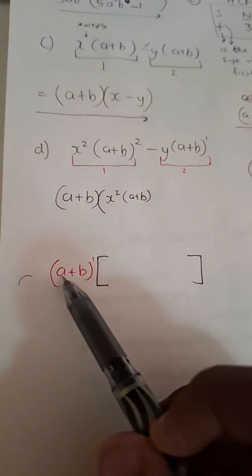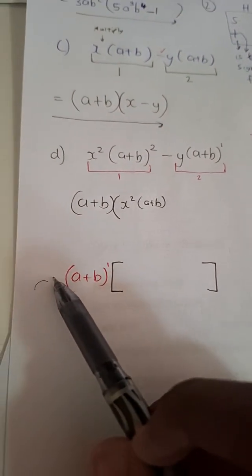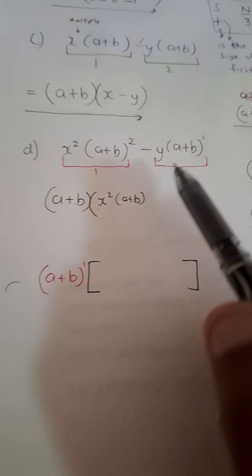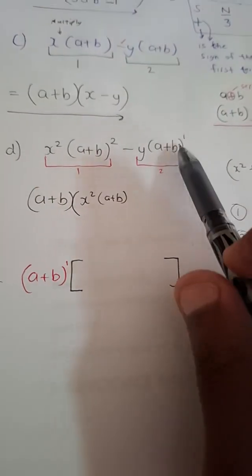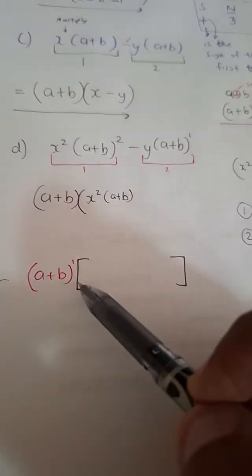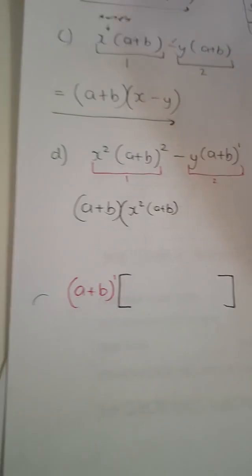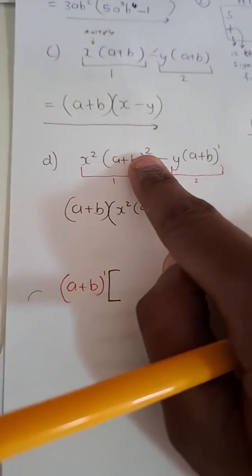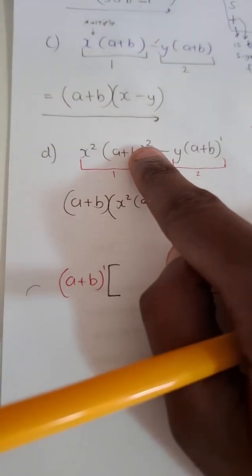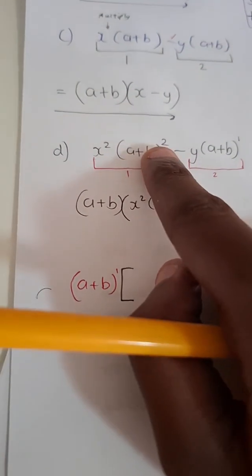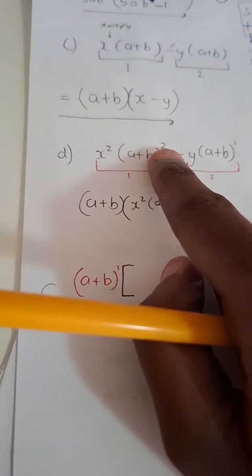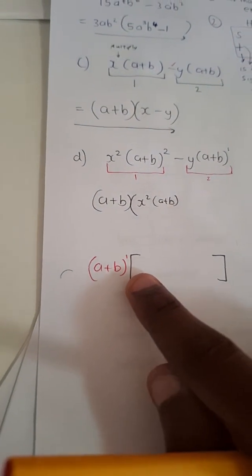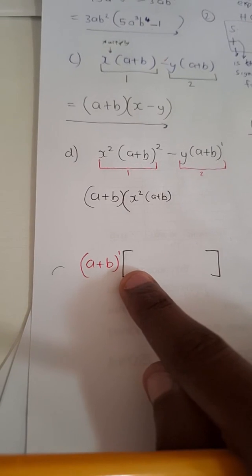After taking out the highest common factor, remember it's positive, it's a plus b to the power 1, because we take out the common bracket with the lowest exponent, what is left over on the left? Remember we took out 1 a plus b. How many do we need in total? We need 2. So that means there's a remaining a plus b that needs to also be included on the left.